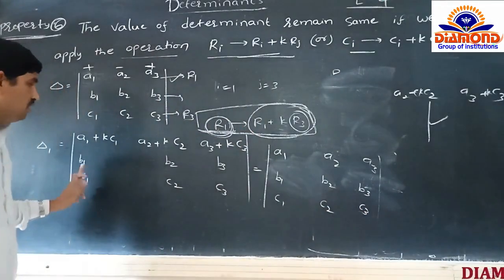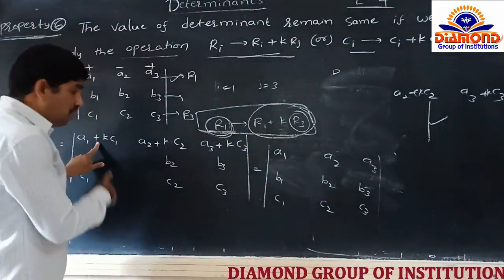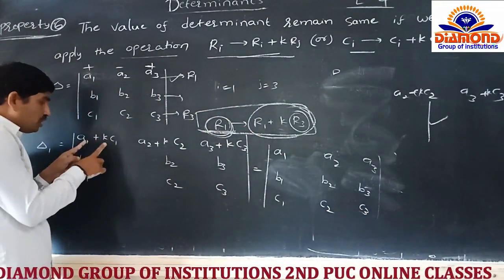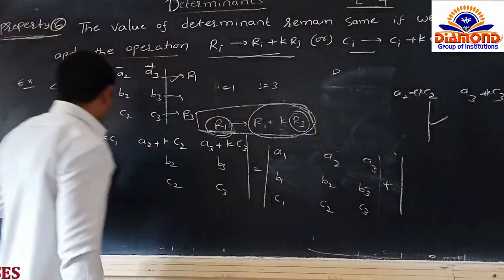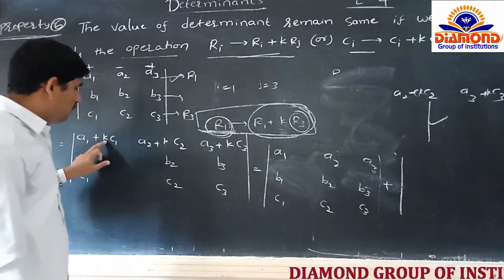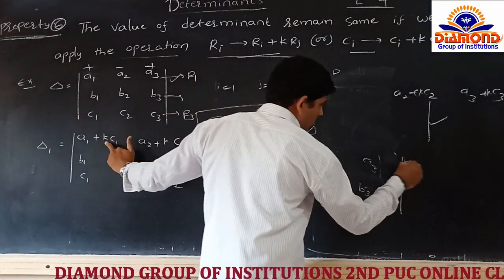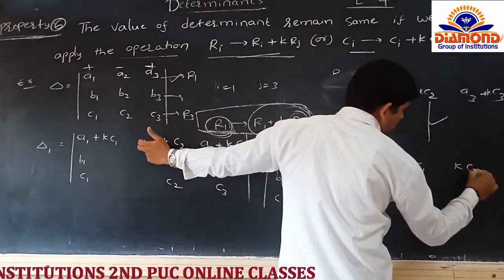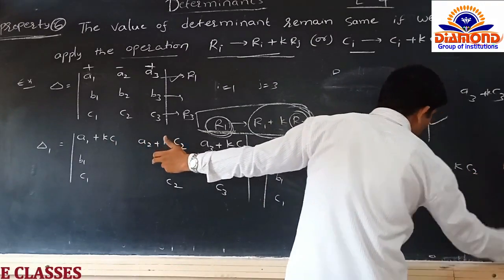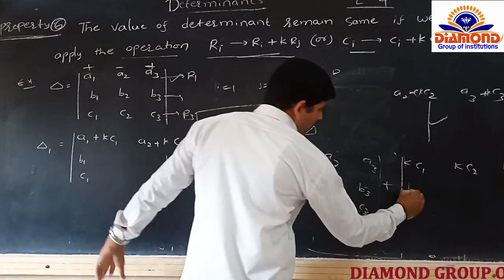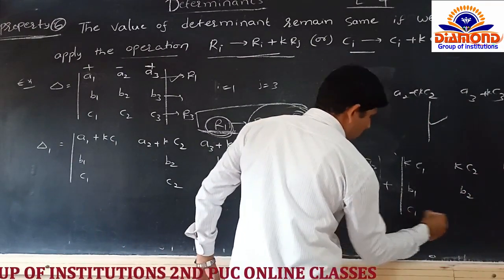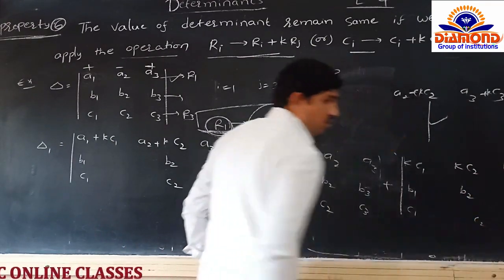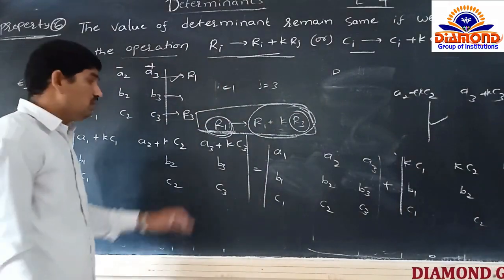Then between the two determinants there is a plus. Next, in the first row we write K into C1, K into C2, K into C3, then B1 and R2, R3 as usual, C1, C2, C3. We have applied property number 5.